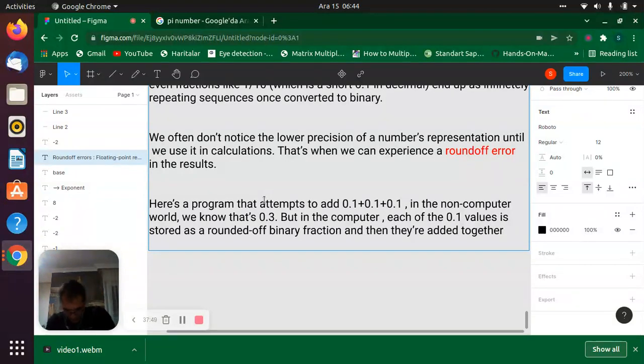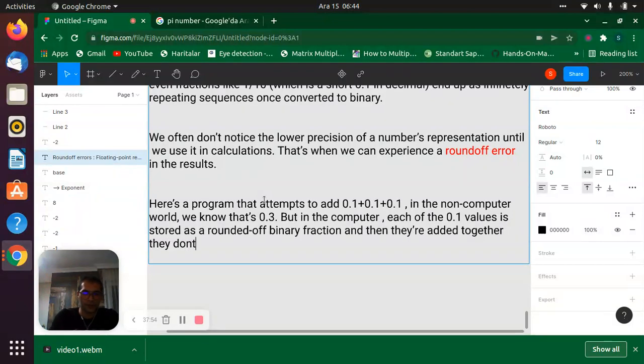Together they don't quite equal what we expect.